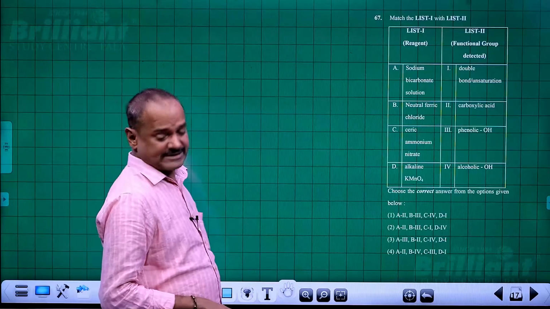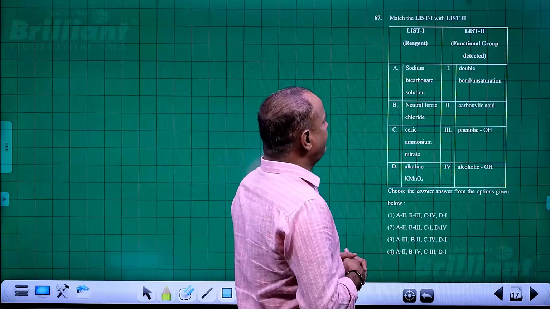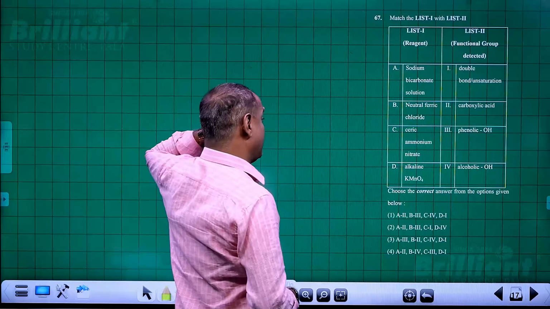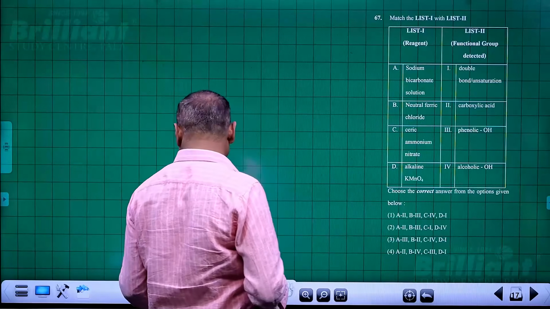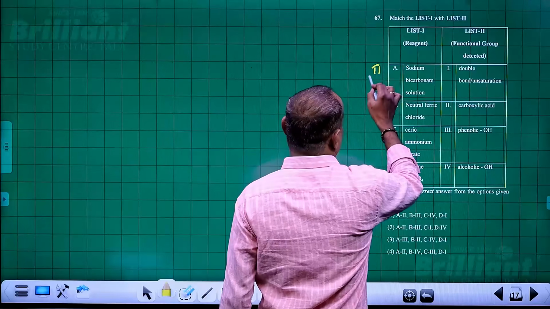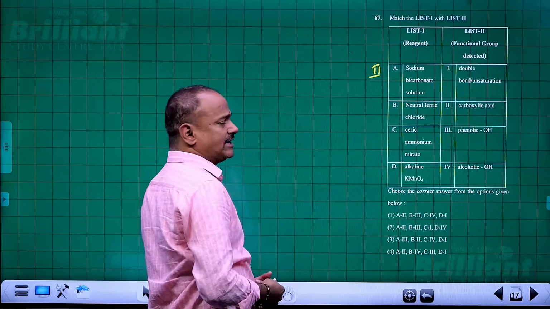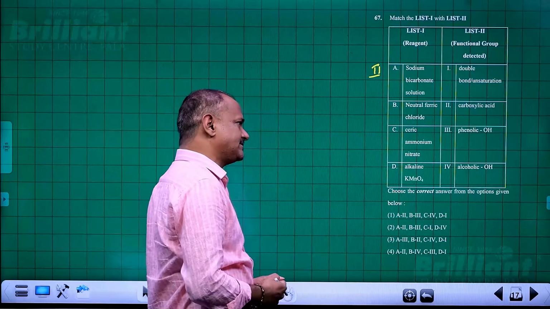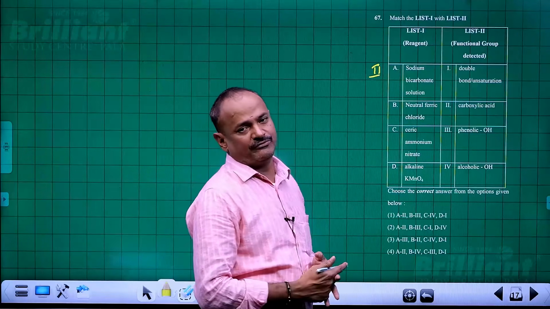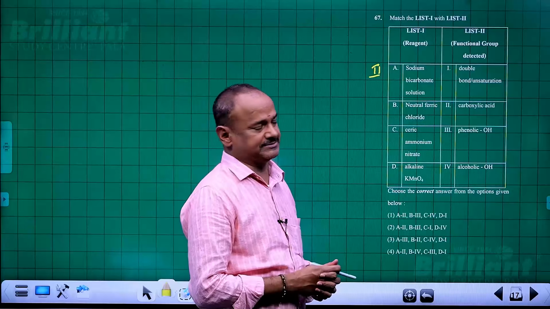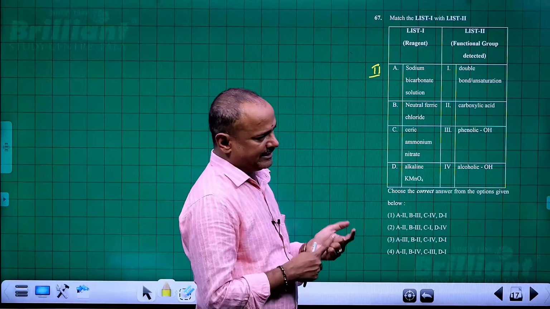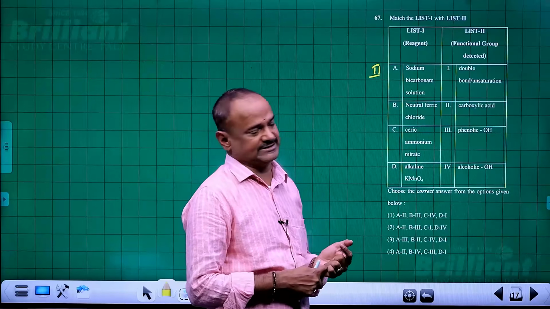Okay. Next, 67: reagents and functional groups are given. Sodium bicarbonate tests carboxylic acids, a property of acids only. Sulfonic acid also, and also picric acid and 2,4-dinitrophenol. So sulfonic acid, carboxylic acid, picric acid and 2,4-dinitrophenol.